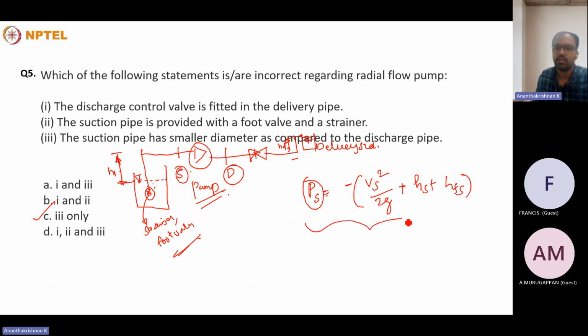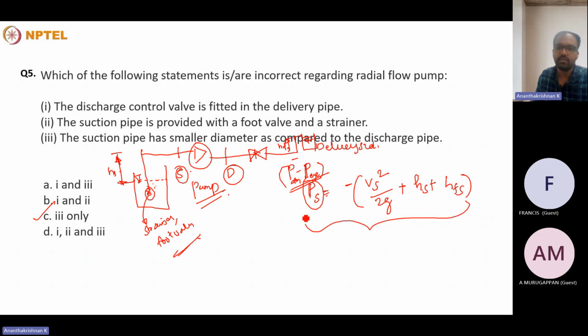So this total gauge pressure PS, that is P minus P atmosphere, P at the eye of the impeller, is equal to negative Vs squared divided by 2g plus Hs plus Hf.